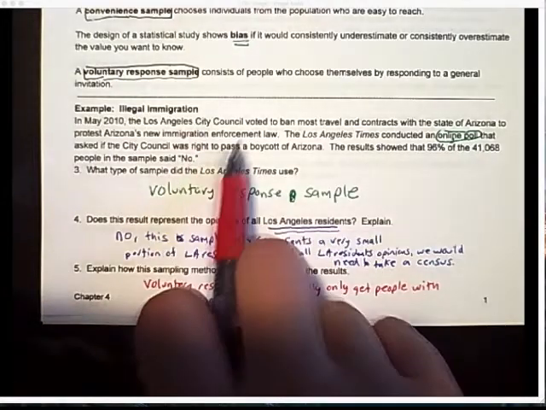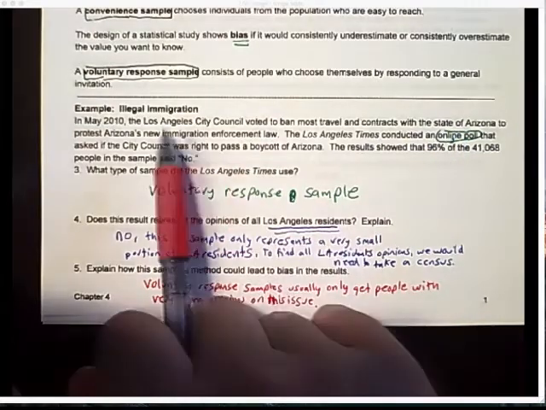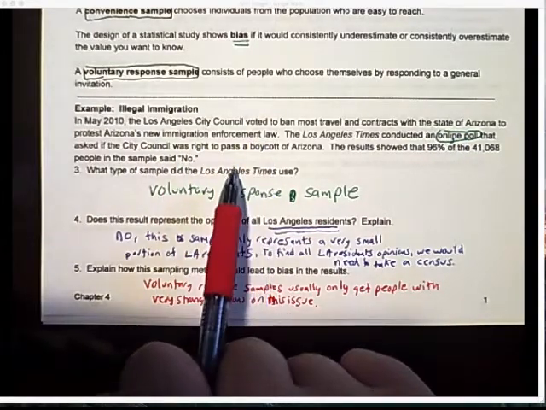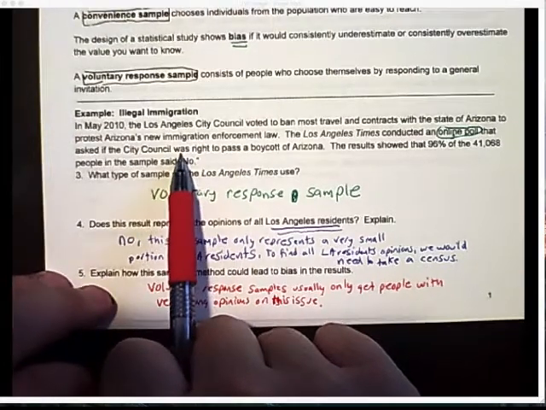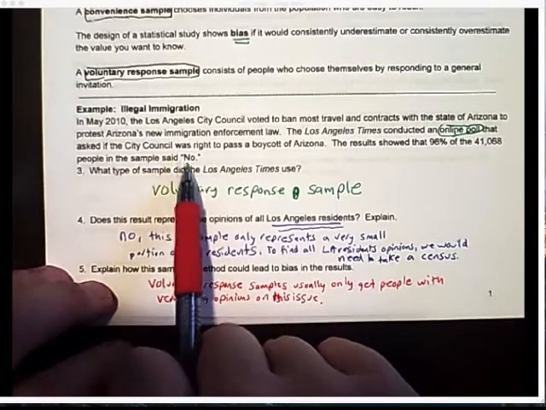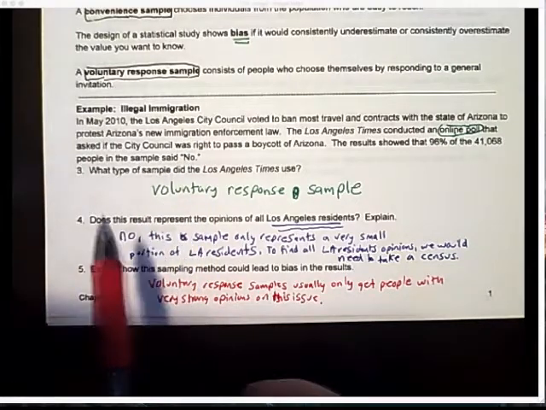So LA City Council voted to ban most travel and contracts with the state of Arizona to protest Arizona's new immigration enforcement law. All right, and then they said, is the city council right to put this ban into place? And most people said no. So they think the city council should not have banned Arizona.